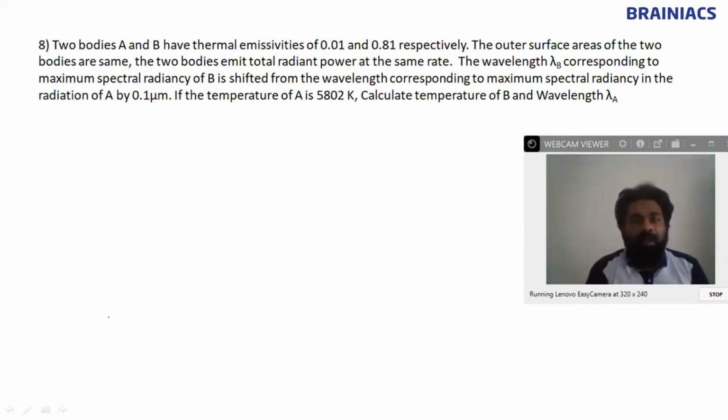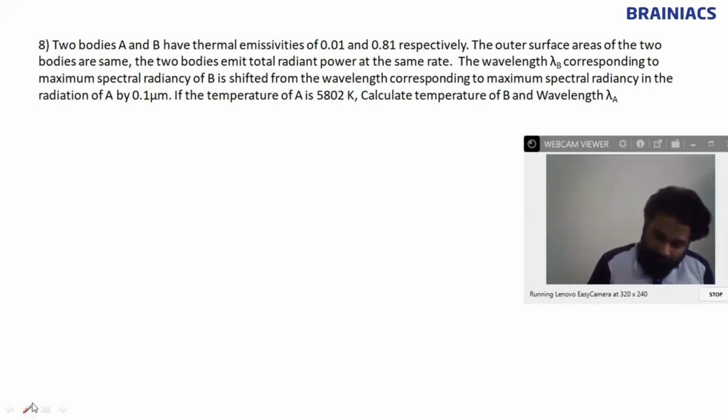The wavelength lambda B corresponding to maximum spectral radiancy of B is shifted from the wavelength corresponding to maximum spectral radiancy in the radiation of A by 0.1 micrometer. That is, lambda m of B and lambda m of A are at a distance of 0.1 micrometer. That is what they are saying. If the temperature of A is 5802, then calculate the temperature of B and wavelength A. Okay, that is the question.